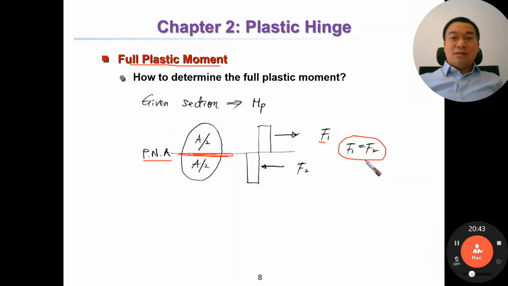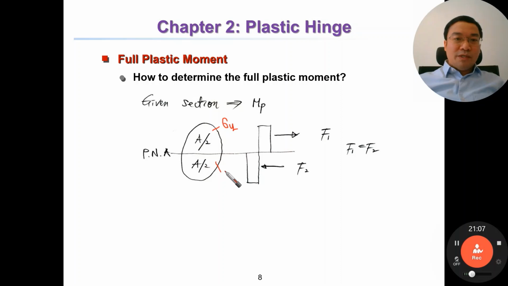Okay, so this is the first condition to determine the PNA, plastic neutral axis: F1 equal to F2. So in this case, here is sigma y, for example. Then here should be sigma y. Then it has F1 equal to F2.